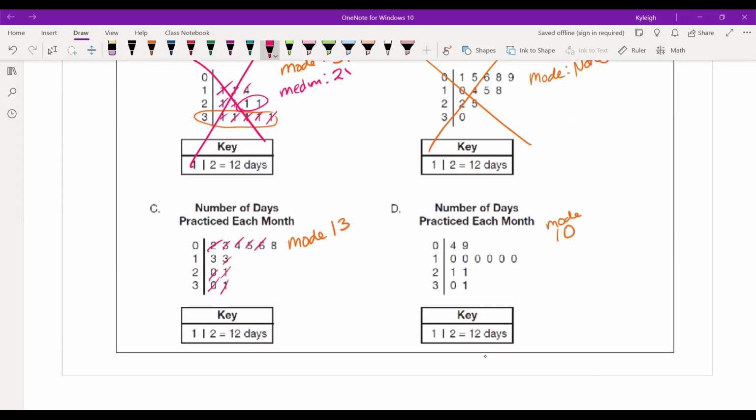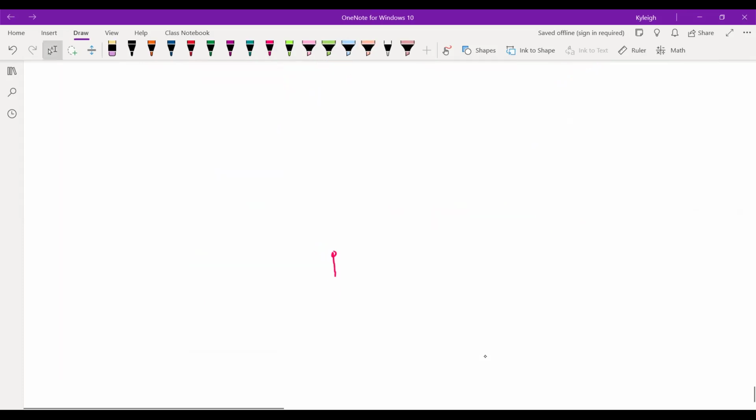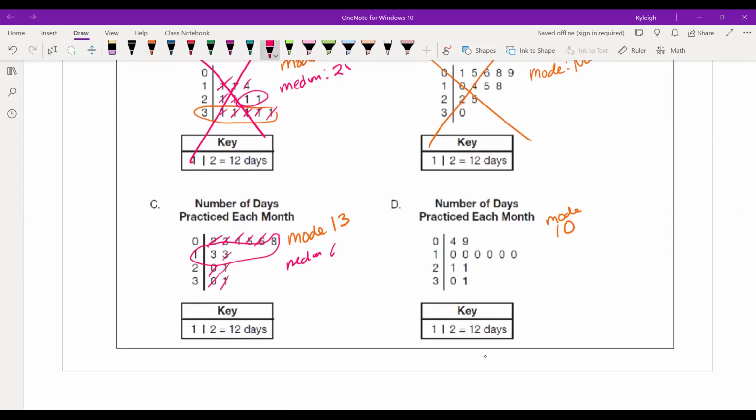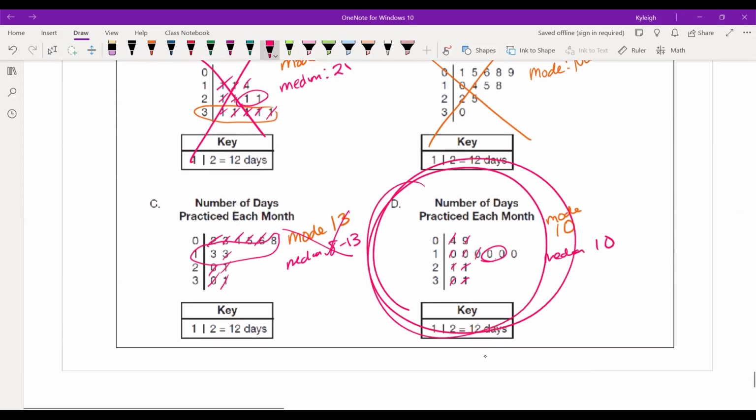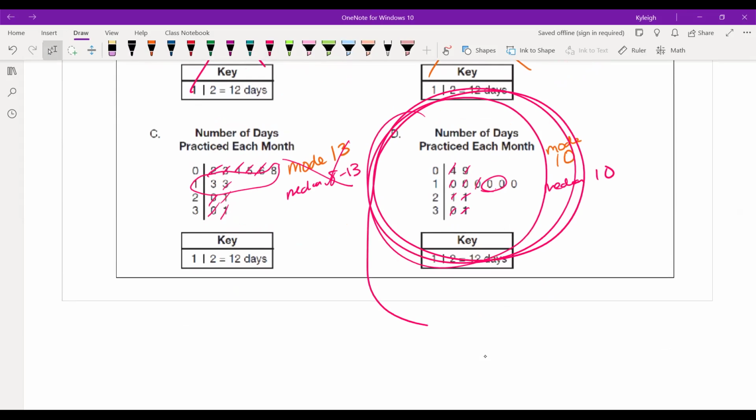The median for this one is between 8 and 13, which is not 13, so it's not C. The middle number for this one is between 10 and 10. So my median is 10, which means my answer is going to be D. Okay, so hopefully that explains a little bit about box and whisker and stem and leaf plots.